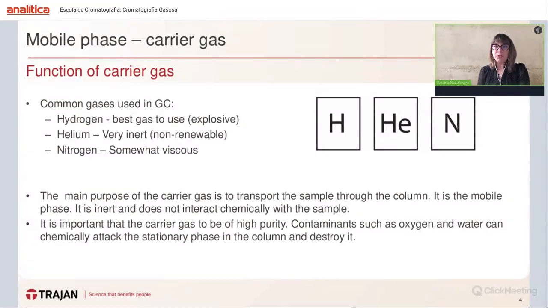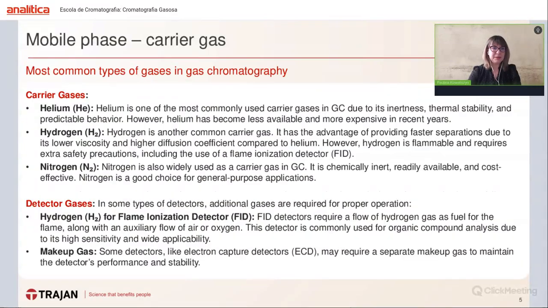But helium is the most inert of all the gases used in the GC. That's why it was very popular and very suitable for this type of analysis. And the third one is nitrogen, which is somewhat viscous. So compared to the other two, our analysis will take a little bit longer.